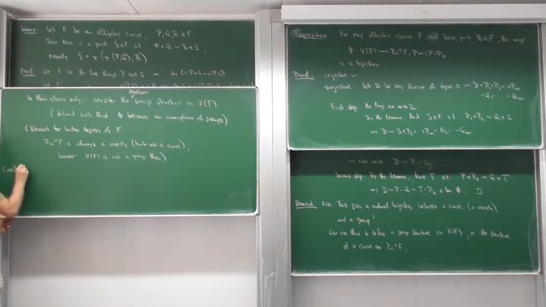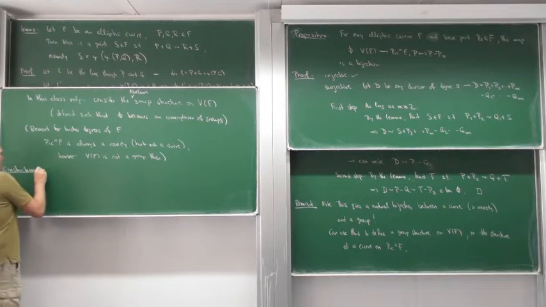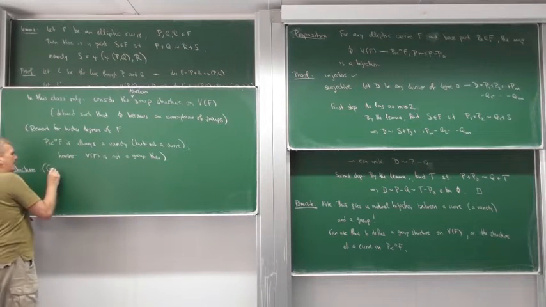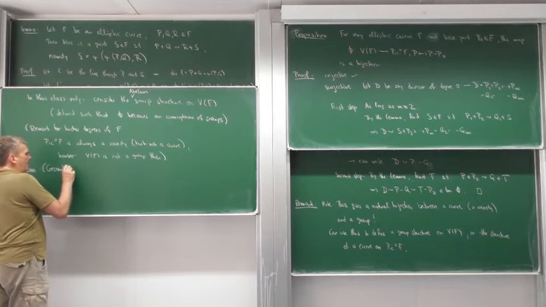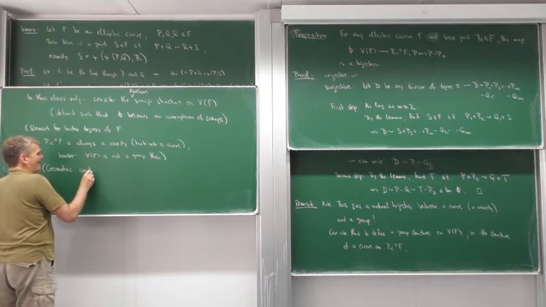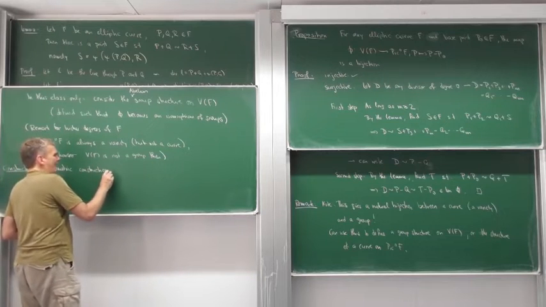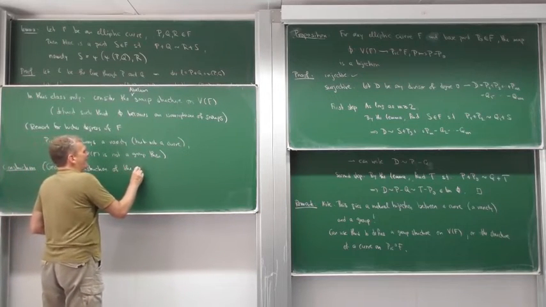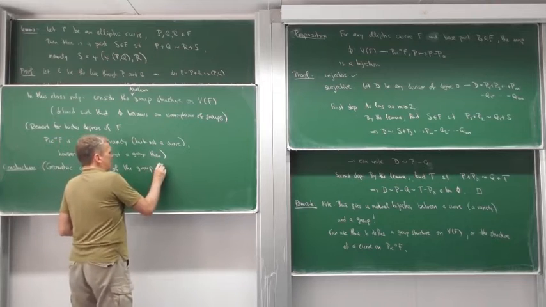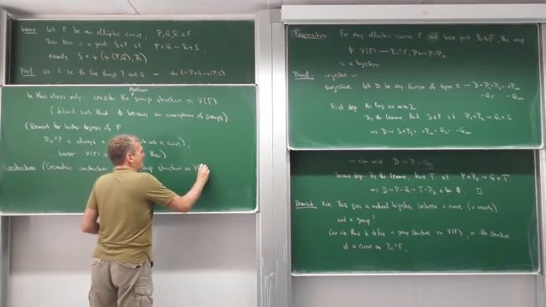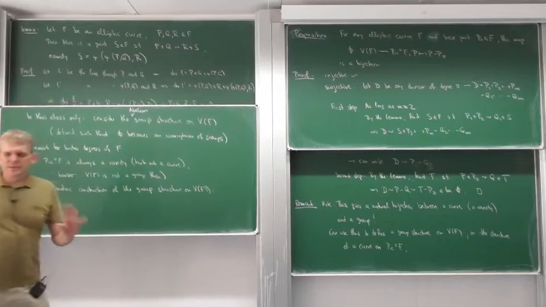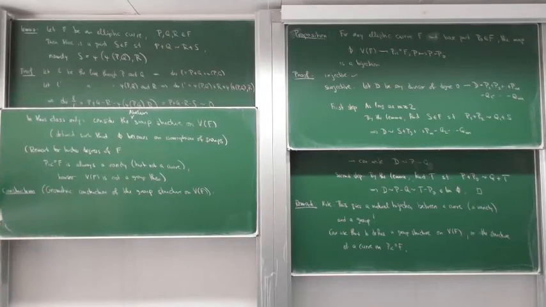So what does the geometric construction of the group structure on V of f look like? Because there's actually a nice way to construct this.